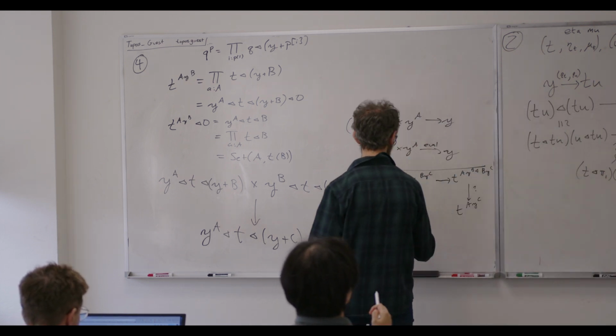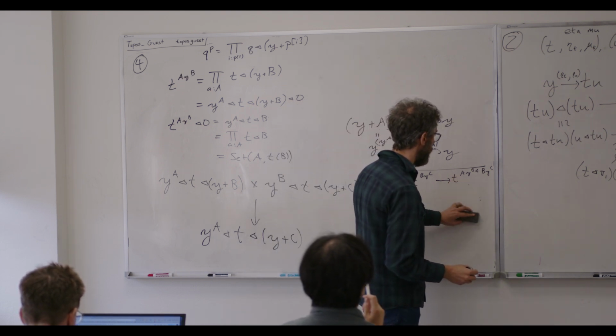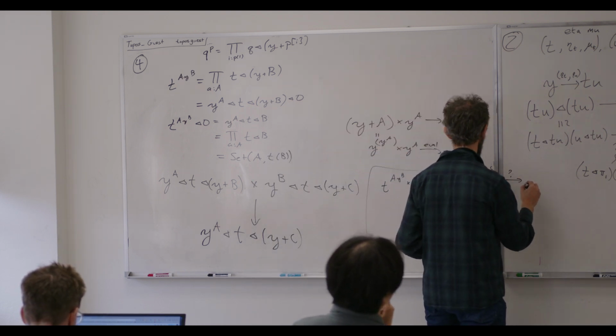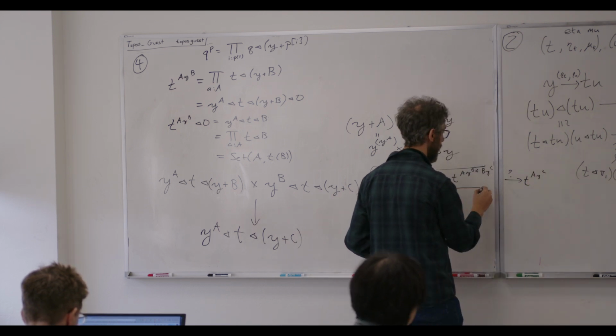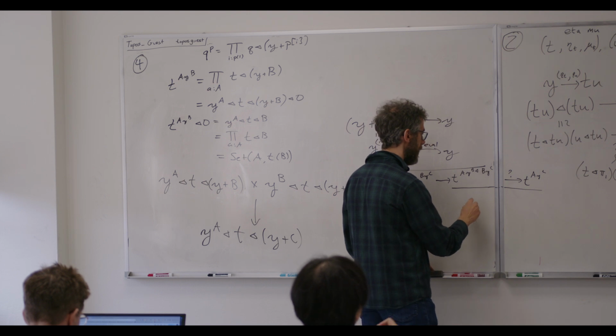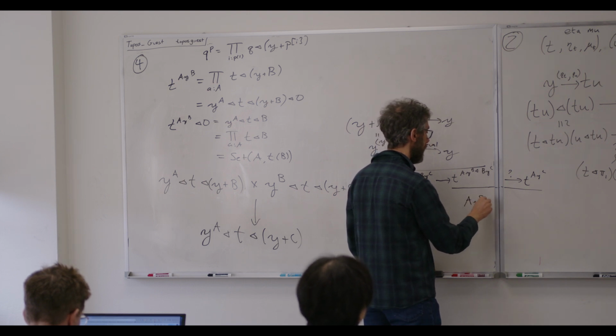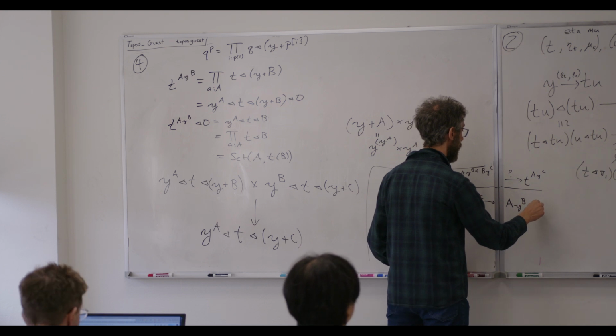So we have a question mark to t to the a, y to the c, and it's enough to ask, can you give me a map from a, y to the c to a, y to the b composed b, y to the c?